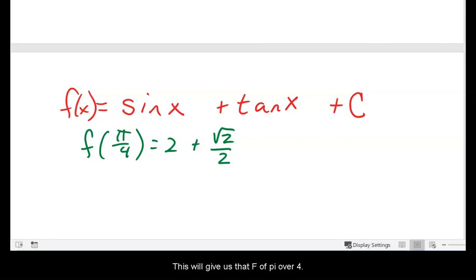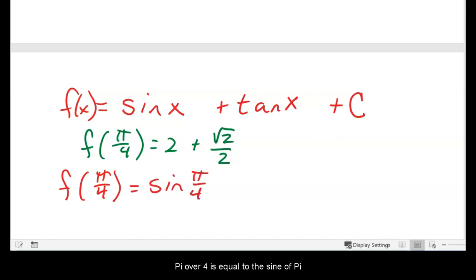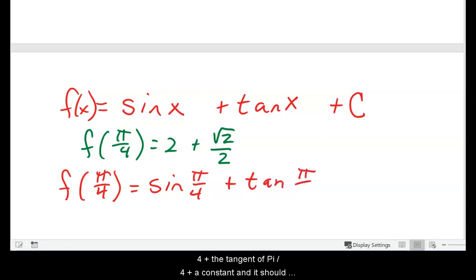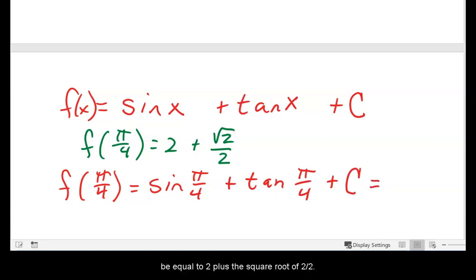This will give us that f of pi over 4 is equal to the sine of pi divided by 4 plus the tangent of pi divided by 4 plus a constant, and it should be equal to 2 plus the square root of 2 over 2.